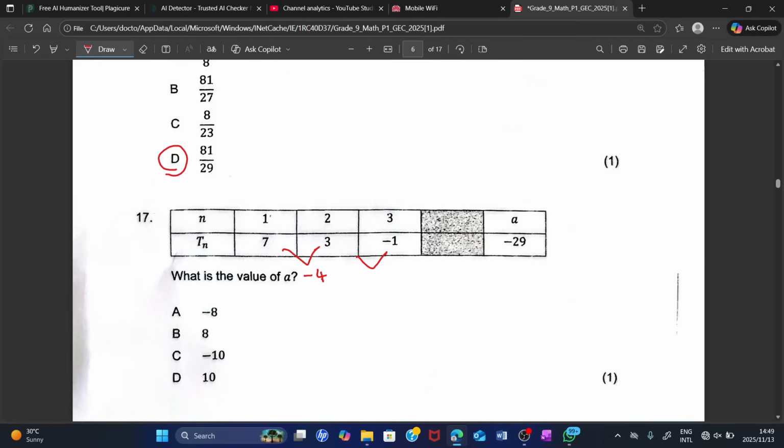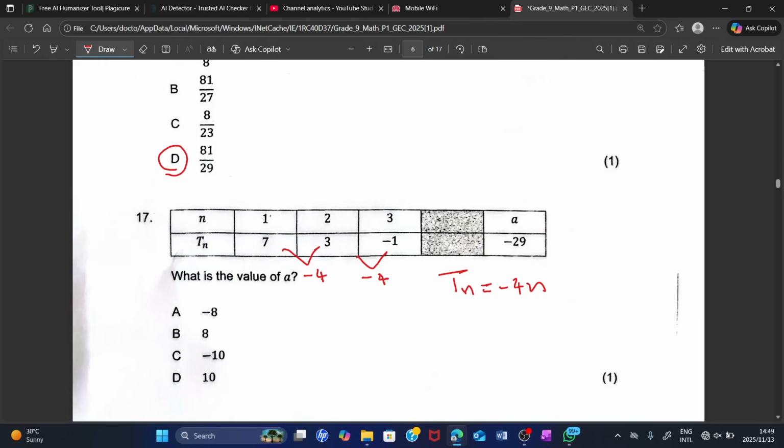Even here, minus 4. You see? So, which simply means that the difference here is minus 4. So, which means the formula will be Tn is equal to minus 4n. And then 7 minus into minus 4. So, what is it? 3 minus 4.